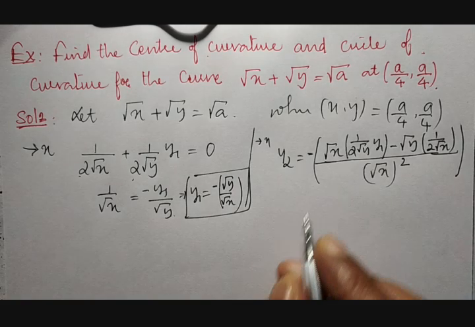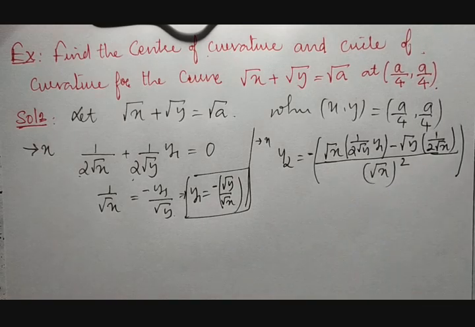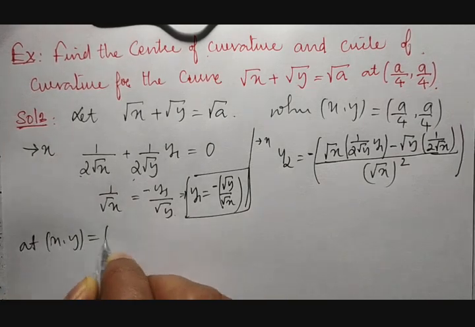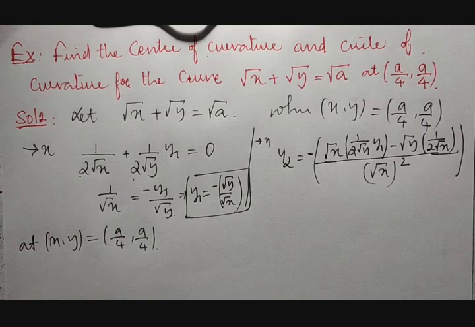Clear? Therefore, instead of simplifying, better we'll substitute the values directly at the point x, y is equal to a by 4, comma, a by 4.